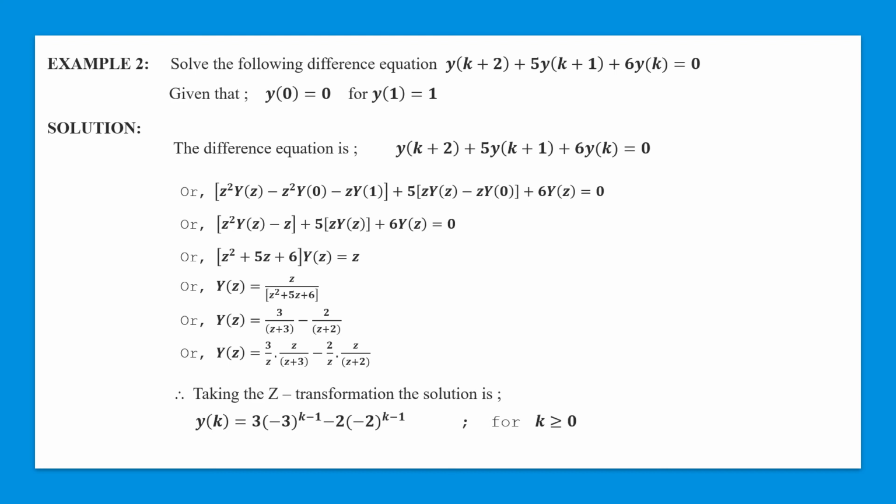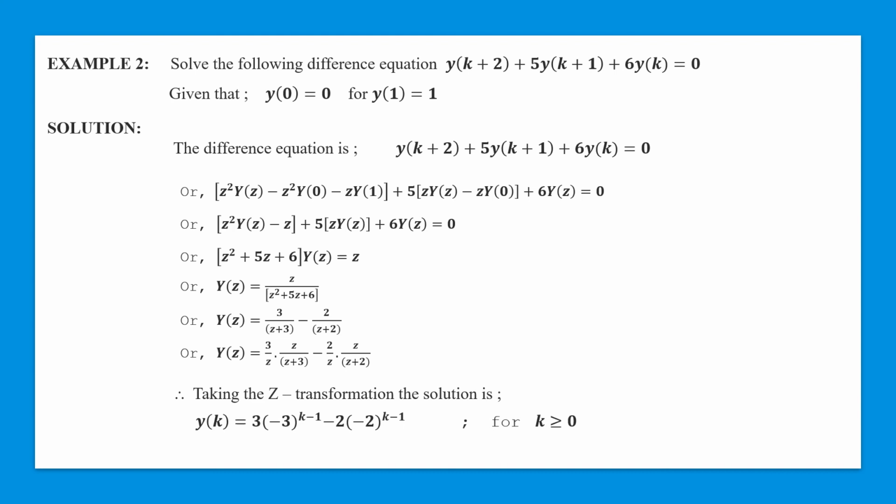Or (z² + 5z + 6) Y(z) is equal to z, or we can write Y(z) = z / (z² + 5z + 6). In this equation, if we take the partial fraction, then we can write Y(z) = 3 / (z + 3) - 2 / (z + 2).